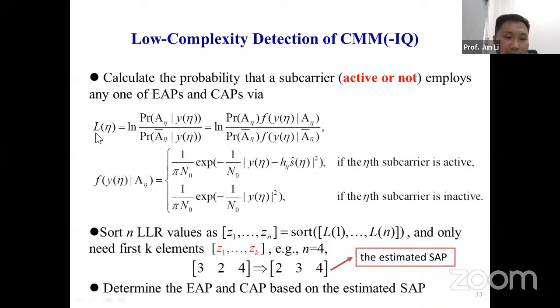If L is very small, nearly 0, that means this subcarrier is probably not used. By using this method, we can calculate the LLR values for all subcarriers, right? The eta means the index of all subcarriers.